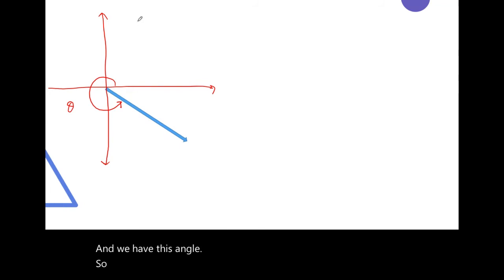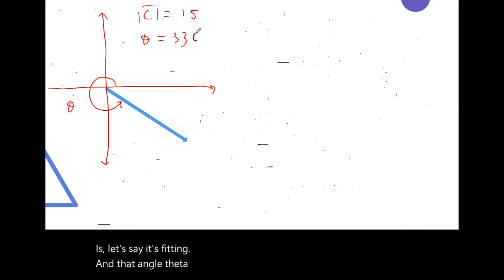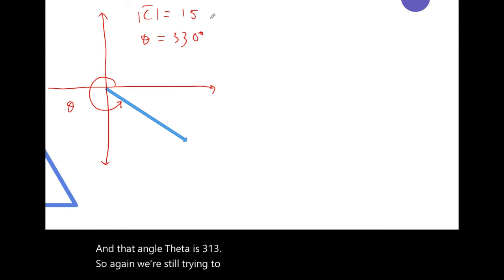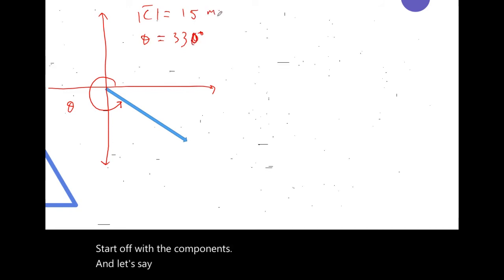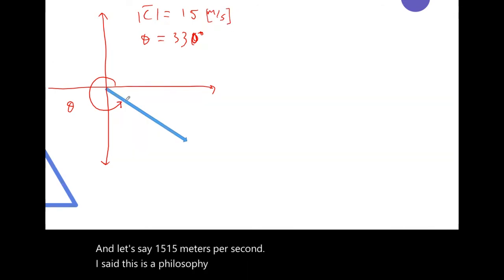Let's call this vector C this time. The magnitude of vector C is 15, and that angle theta is 330. Again, we're still trying to solve for the components. Let's say 15 meters per second, a velocity vector pointing in that direction.